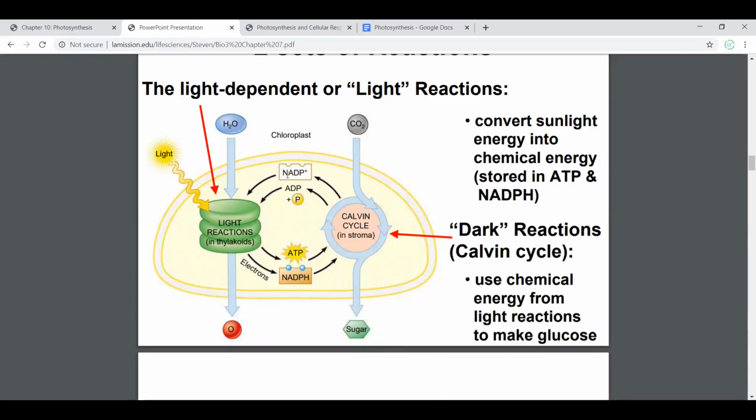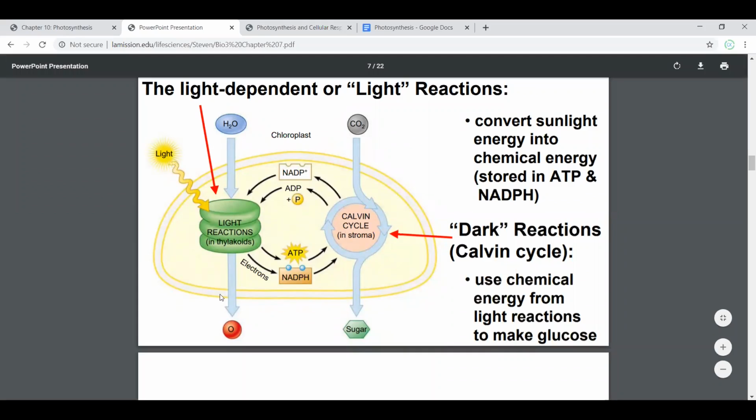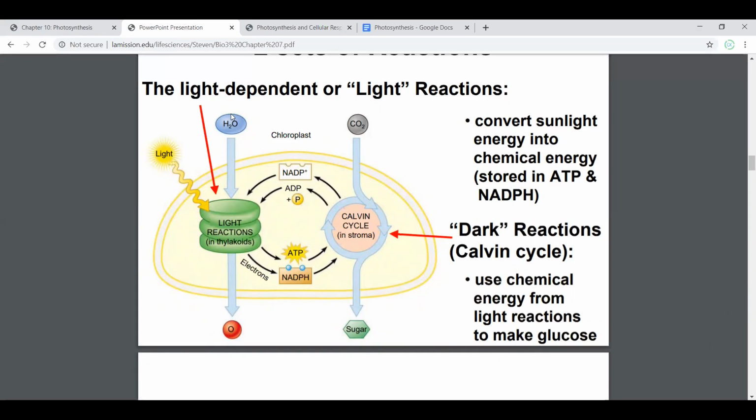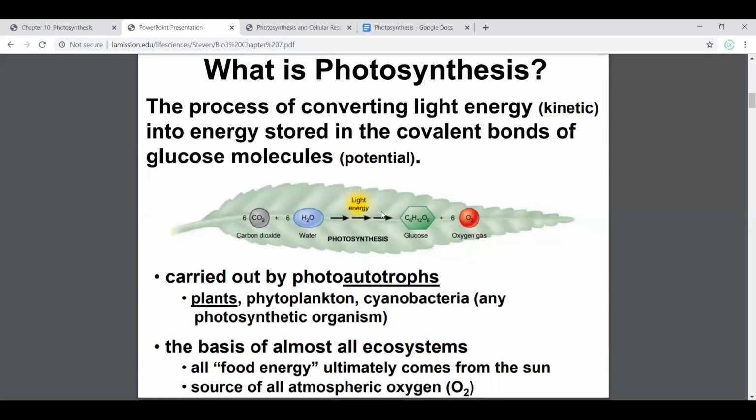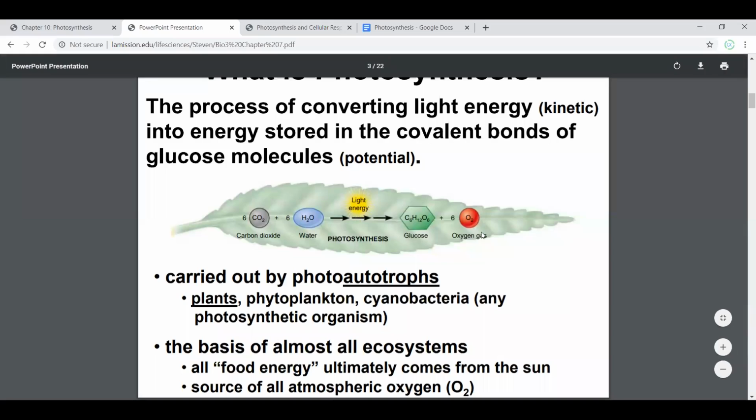Looking a little bit more detailed into the light reactions, the main thing that you have to remember about what the light reactions use is water. That's really, really important. They take in the water and they actually split it and convert it into oxygen gas. So if we look back at the equation for cell respiration, this oxygen does not come from carbon dioxide. These oxygen molecules come from water.